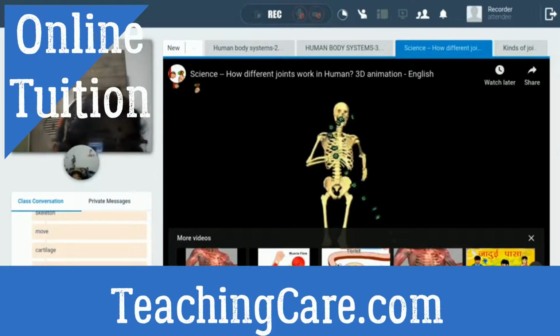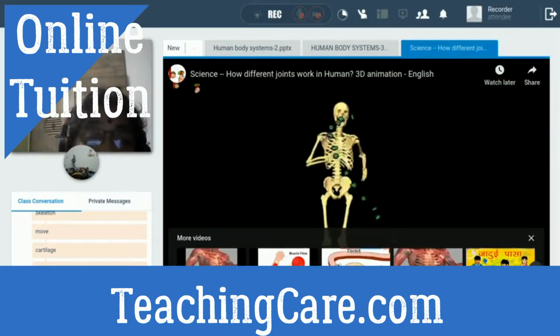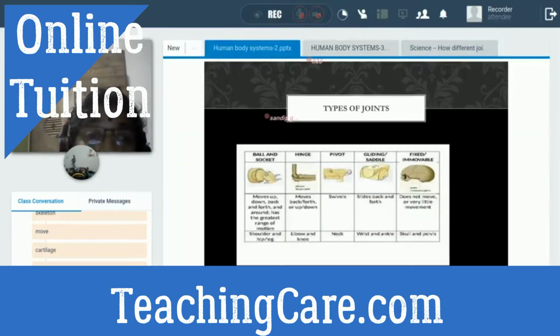Four types, right? What are they? Ball and socket, hinge, pivot, gliding. Very good. So coming to our point, this is the ball and socket, hinge, pivot, and gliding.